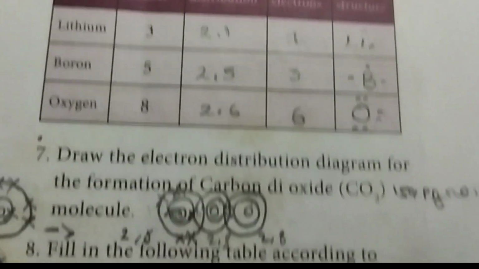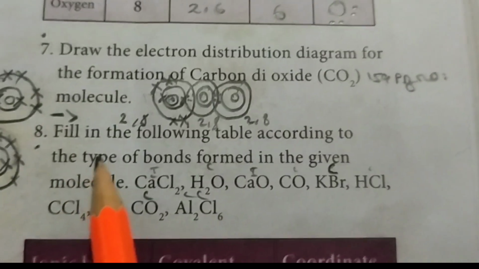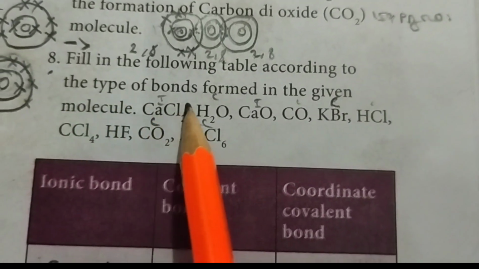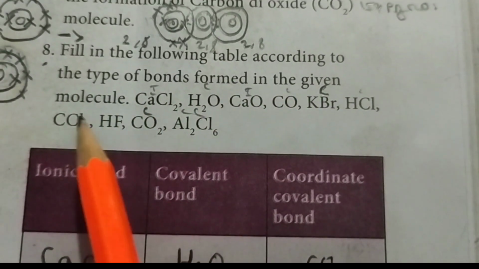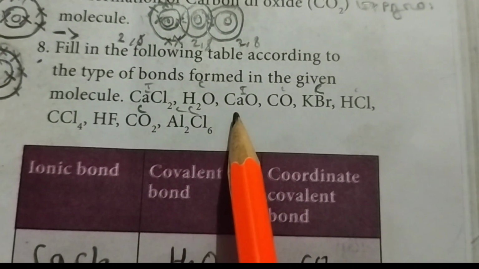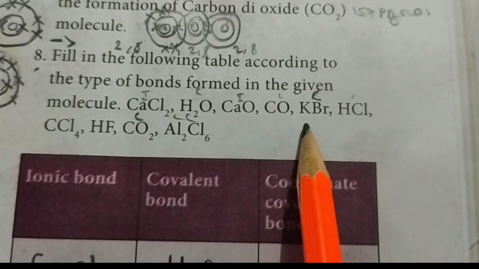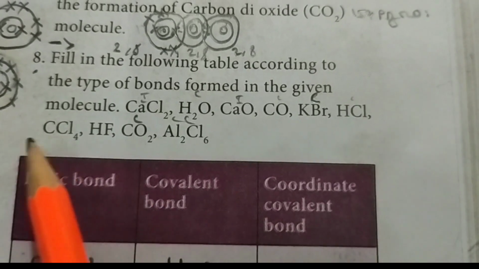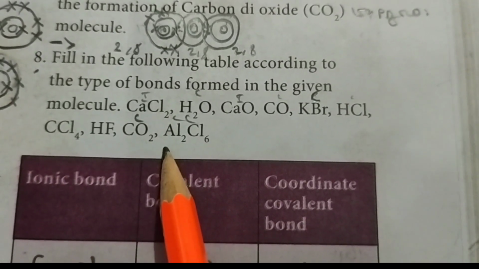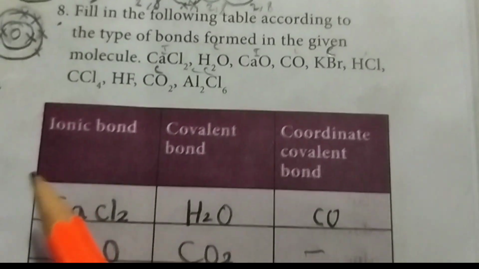Next 8th one. Fill in the following table according to the type of bonds formed in the given molecule. CaCl2, H2O, CaO, CO, HBr, HCl, CCl4, HF, CO2, Al2Cl6.